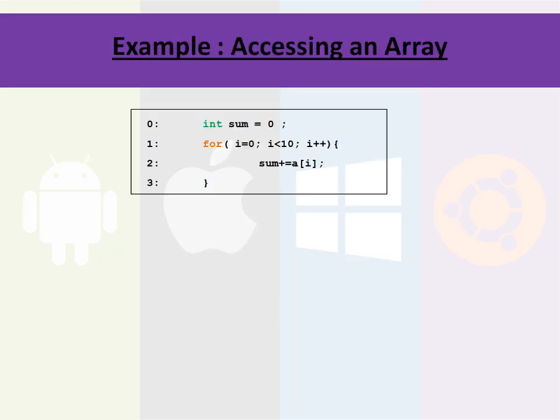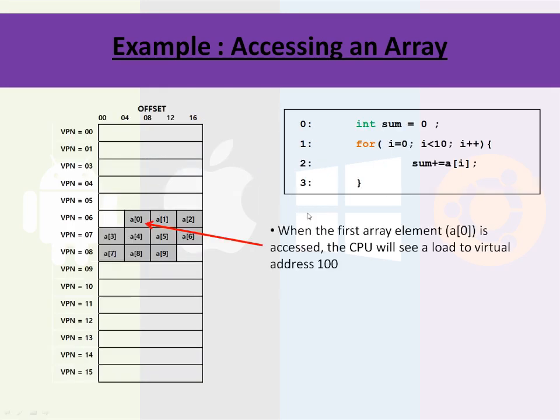Okay, so let's do a similar example as before with respect to accessing elements of an array. Here we have a simple function where we want to calculate the summation of this array, the total sum.